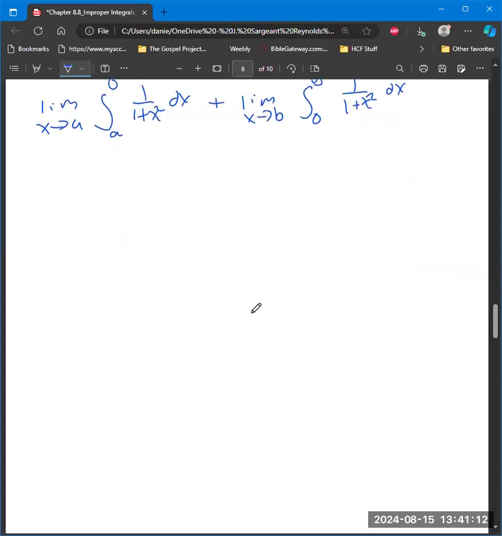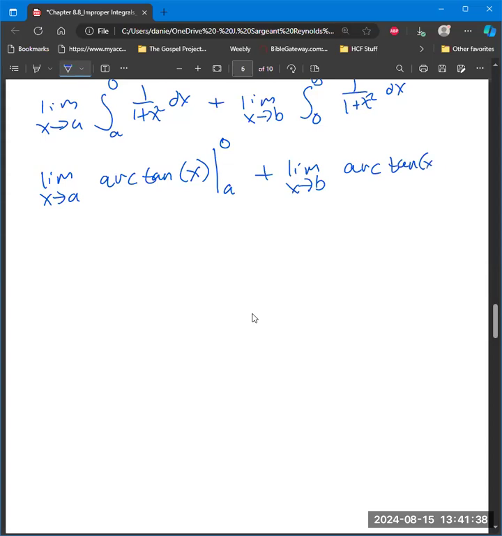So this is going to be an arctangent here. So limit as a goes to negative infinity of arctangent of x evaluated from a to 0, plus limit as b goes to infinity of arctangent of x evaluated from 0 to b.